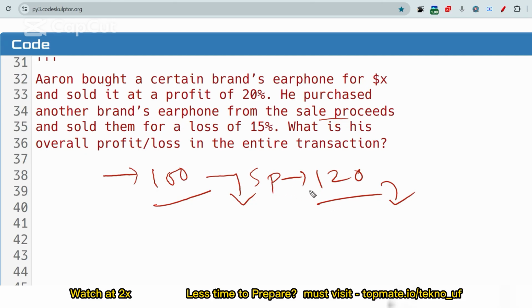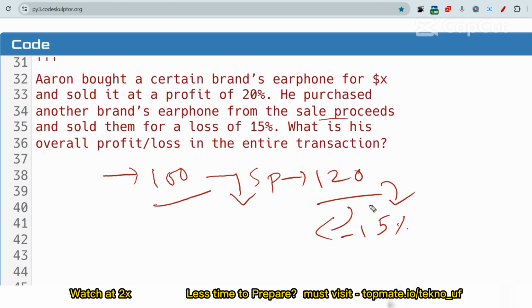So if the selling price is 120 and from this he is incurring a loss of 15%, what will be that value? How do we calculate quickly, guys, if there is no calculator provided on the screen?